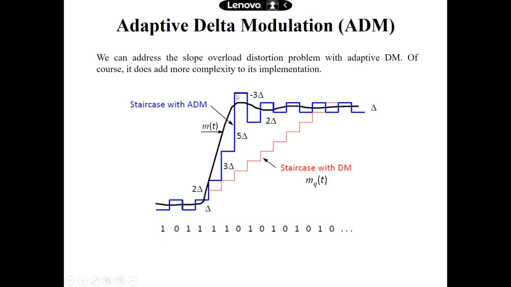And when it sees that it's coming down again, in order to do it adaptively, it reduces the error, or you can say the step size, depending upon the change, maybe minus 3 delta, 2 delta, and so on. If you just follow the plain staircase method, it will be something like this, and you can see there will be a lot of slope overload distortion.